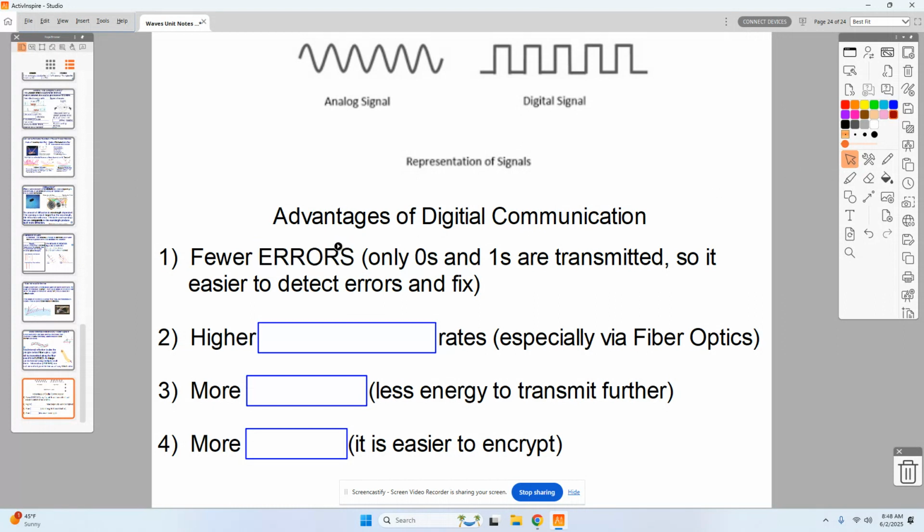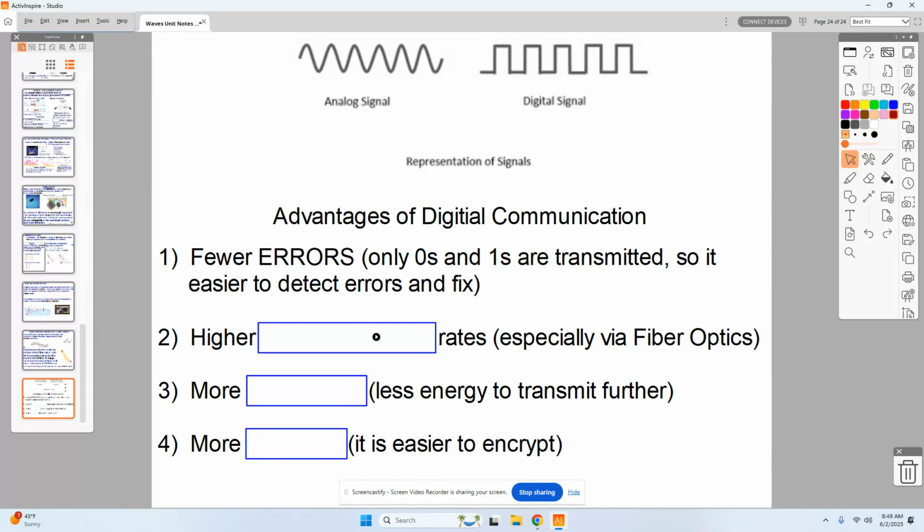When you send things digitally as a series of zeros and ones, it's very easy to detect whether or not there's noise within that, and we can determine a 0 or a 1 fairly easily, and then use an electronic system to bring that back up to a 1 if we need to. If I have an analog signal where it's continuous, any noise there would be hard to filter out, and it can greatly disrupt that signal. So digital, very easy to fix errors.